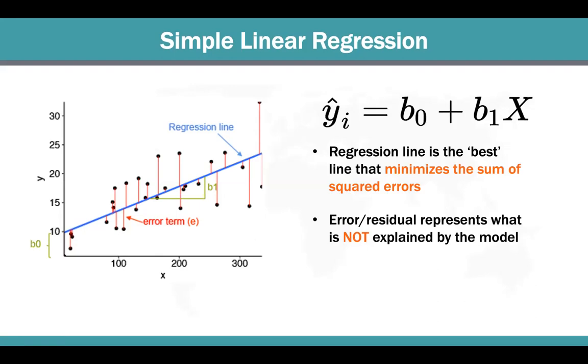We want to minimize the error associated with our model, because the smaller the error is, the better our model will be at making predictions. The error, or the residuals, associated with the regression line represents what is not explained by the model. You can see that this is not explained by the model, which is the difference between the actual data points and the expected or predicted data points.